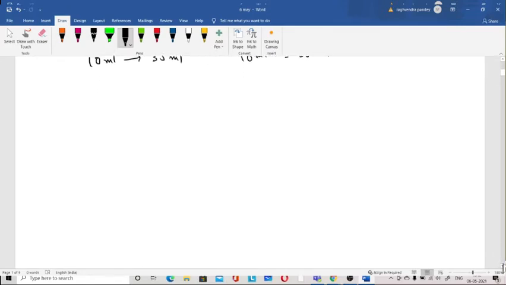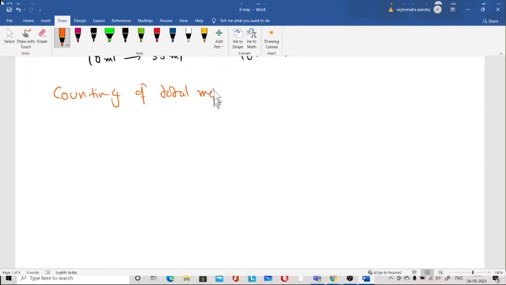Now again a question which is related to counting of total moles in mixture.